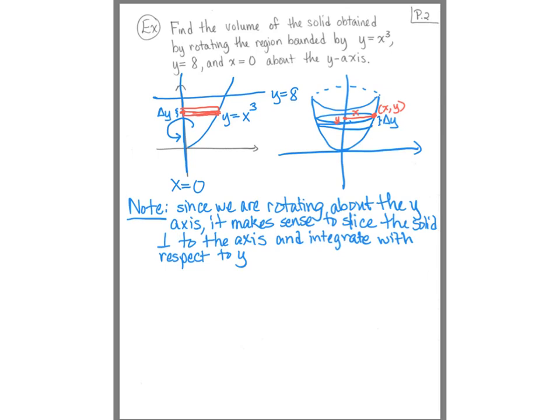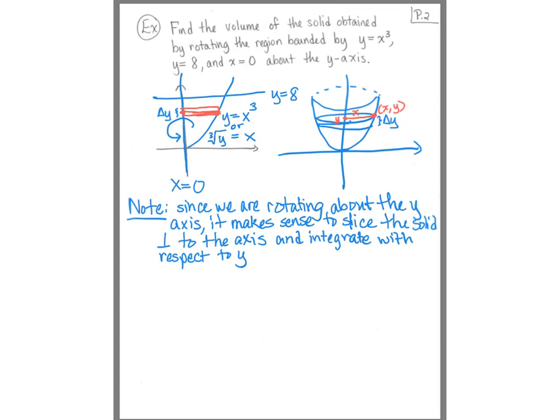If we're going to integrate with respect to y, that means we have to solve this for x. So notice that we have y equals x cubed, or solving it for x, x equals the cube root of y.